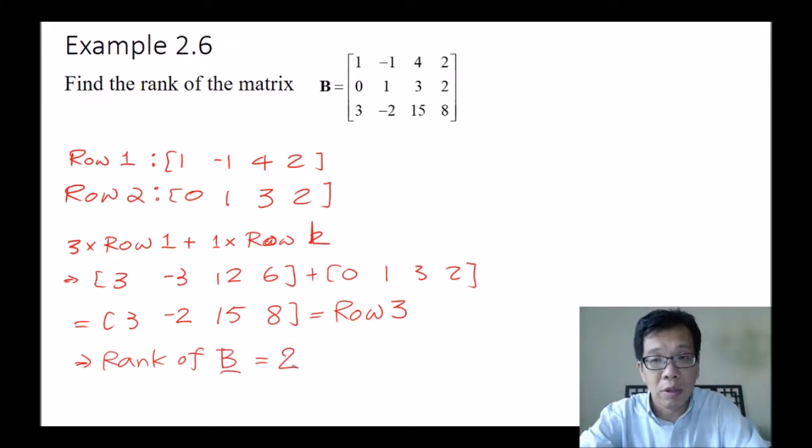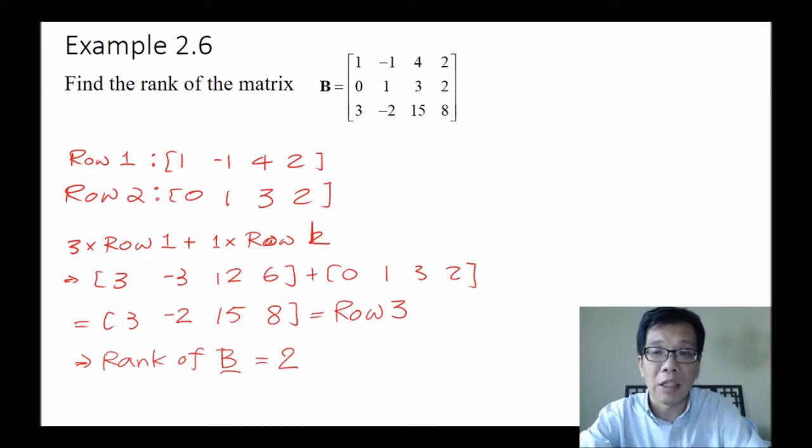You might raise a question: what happens if the rank is 1? Well, this case is not possible because the first component of the first row is 1, and you cannot multiply anything by the second row to synthesize row 1. And the same, only when you multiply row 1 by 0 can you get 0 as the first component of row 2.